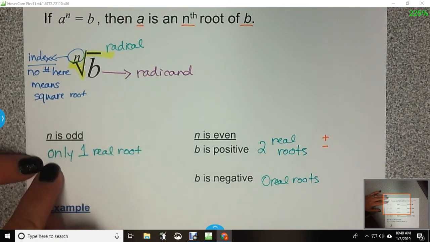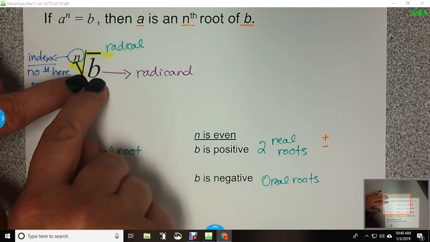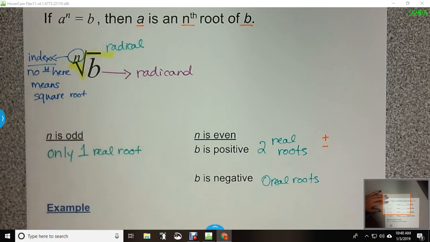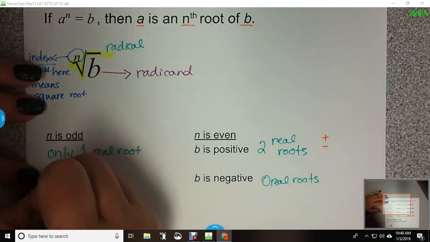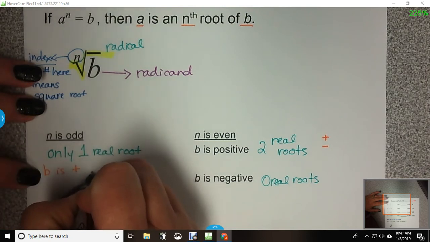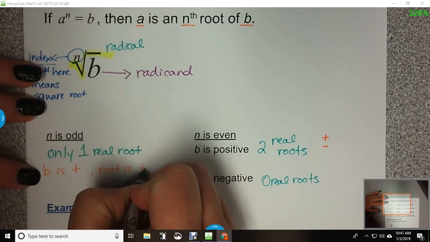So now let's go back to this odd one here for just a second. Okay? So if this is odd, I don't care if this is a positive number or a negative number. I'm going to get one real root. So here's the deal with that. If b is positive, then the root is positive.